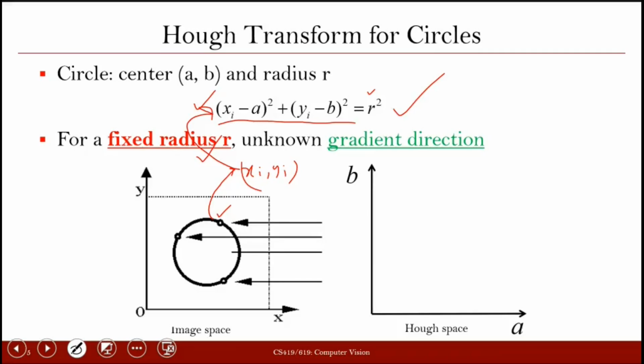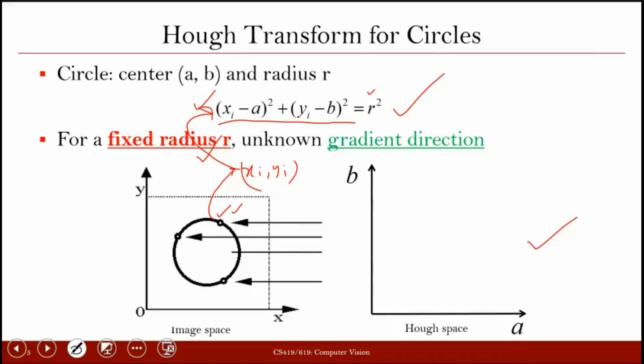So now when we are moving to the Hough space, our xi and yi are fixed because you are computing this for this particular point. So they are fixed. Now we have to find out the values of A and B, so they are actually the variables. R is anyway given.